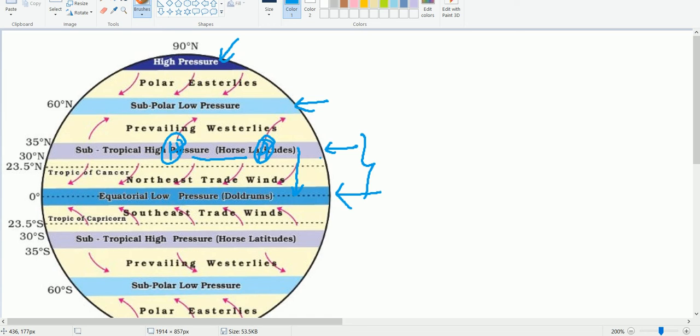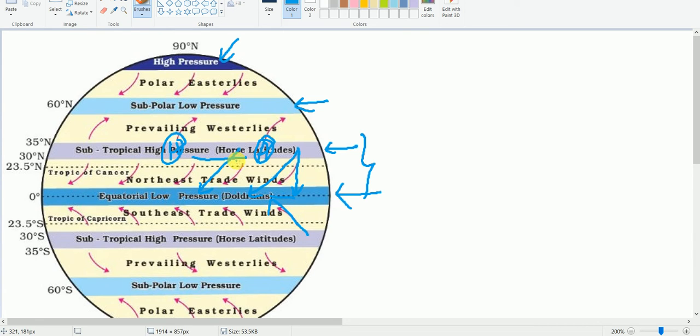However, due to the Coriolis force, it is deflected, it is turned to the right. So what is Coriolis force? We shall discuss later. So for the time being, the wind blowing from the subtropical high pressure towards the equatorial low is known as the northeast trade winds. Likewise in the southern hemisphere also we have southeast trade winds.